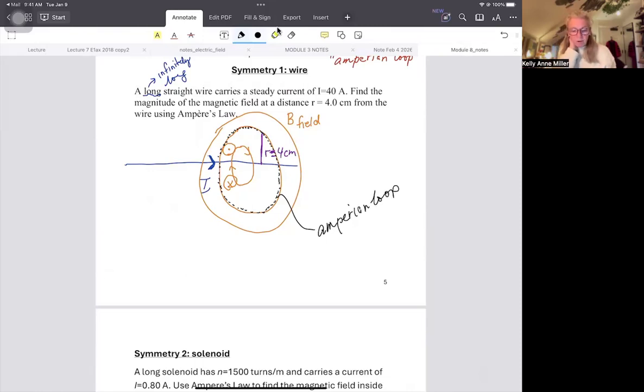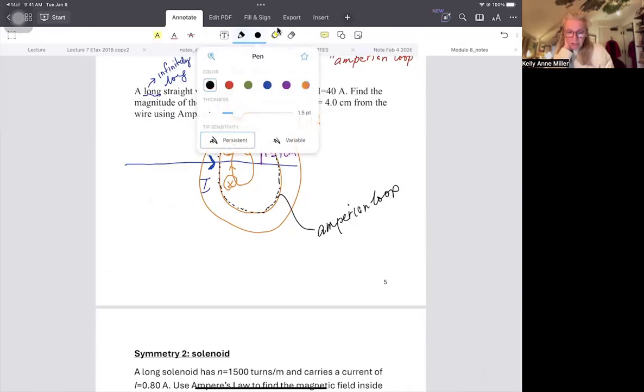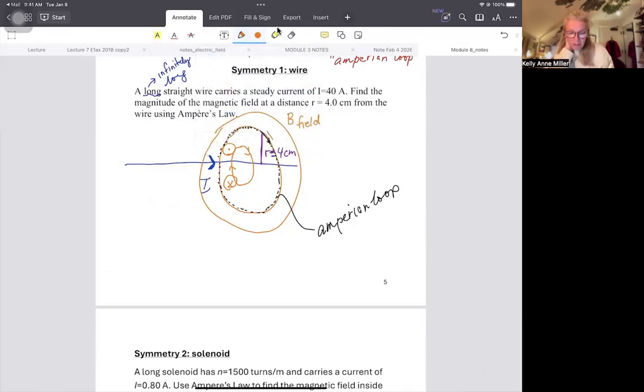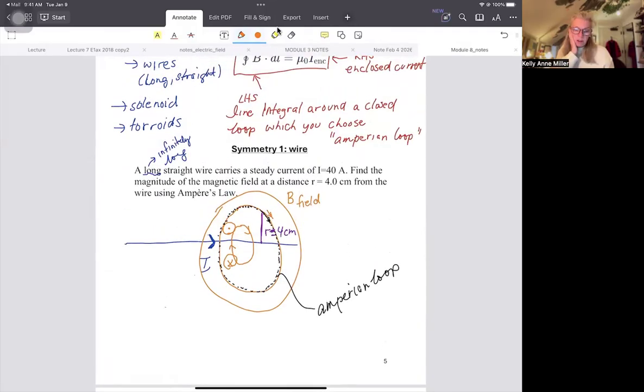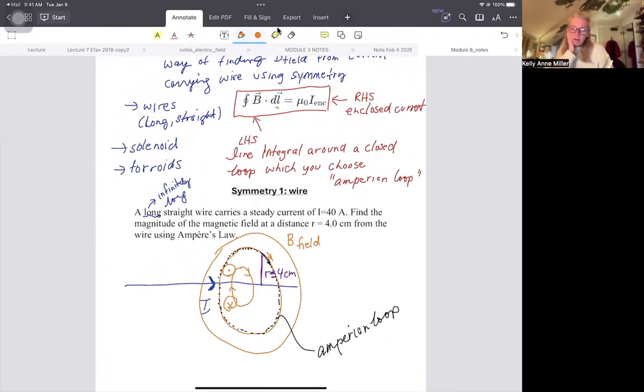Okay, and you'll notice that the direction of the loop is in the same direction as the B field. If I were to draw little vectors representing them, they're parallel to each other, which is what I want with a line integral. I want the B field to be pointing in the same direction as my Amperian loop all the way around that path.